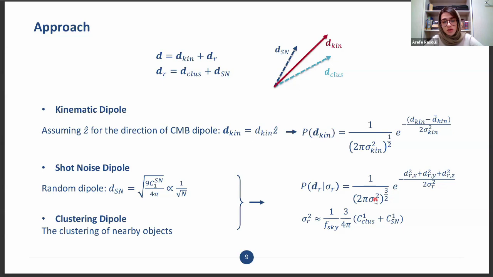I'm going to talk about this clustering dipole more in the following, but I can introduce it: it is because of the anisotropic distribution of local sources in the area around us. The other important point here is that we have considered a Gaussian probability distribution function for all of these components.